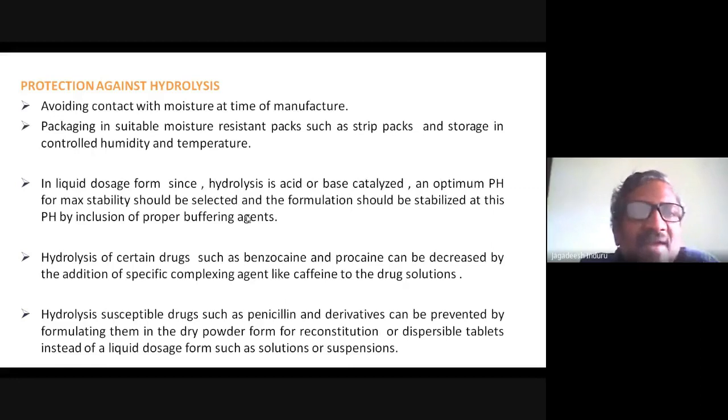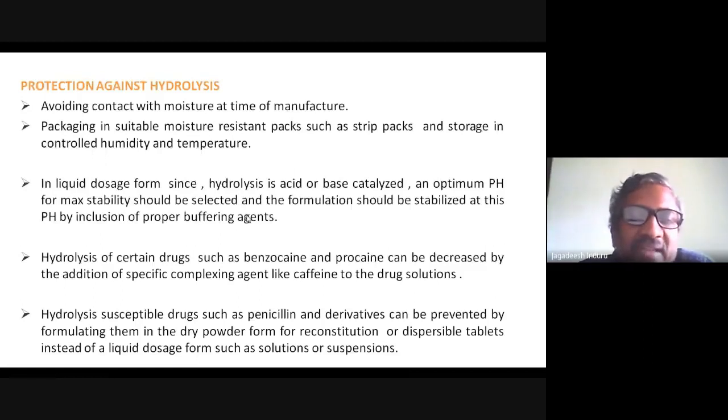Another way of protecting against hydrolysis applies to drugs that are susceptible, because penicillin also contains an ester linkage, and its derivatives like amoxicillin or any of the antibiotics we generally use can be protected by formulating them in a dry form.